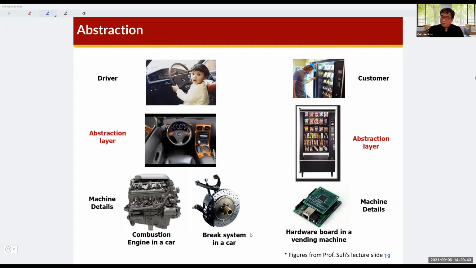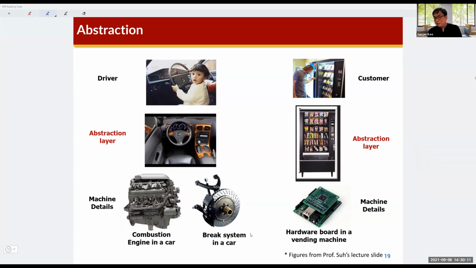Only the minimal interfaces are revealed to the customers, because vending machine systems are very complex. But customers do not want to understand the detailed system of the vending machine. That is the abstraction.